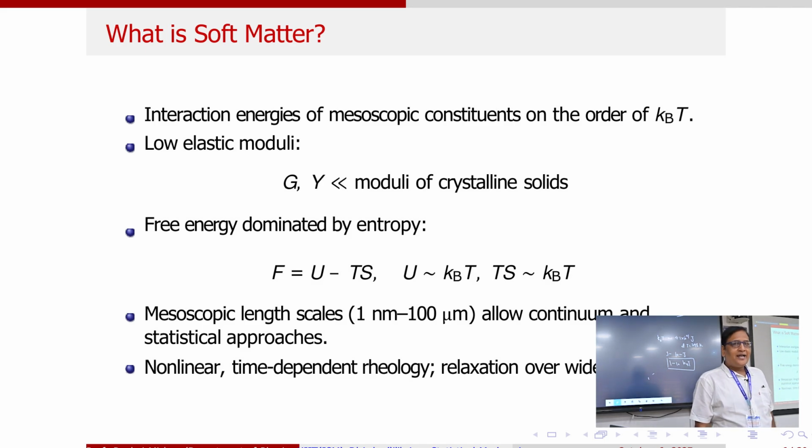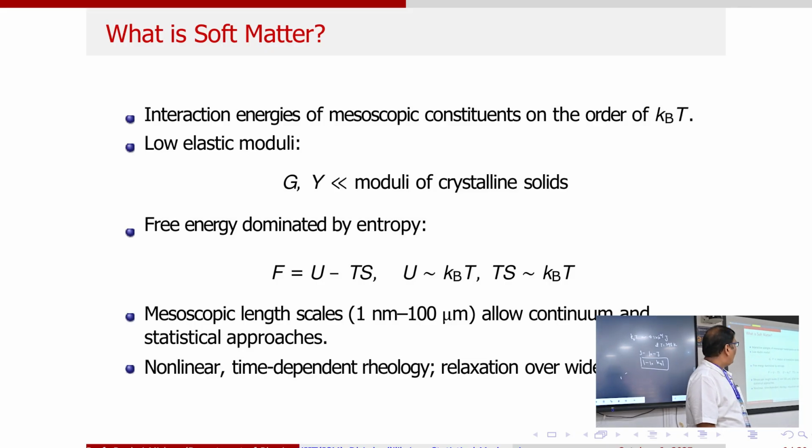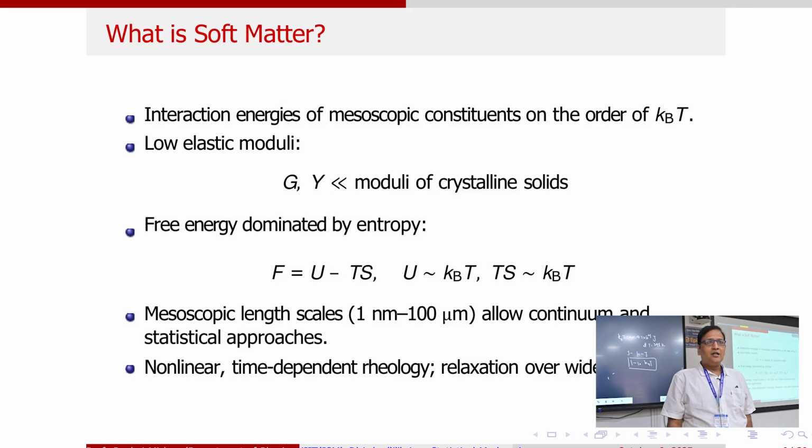That's why you will find that the shape of a soft matter is mostly distorted most of the time. For that you have to make the temperature so strong that interaction energy starts playing a significant role, so that you can get an ordered structure.